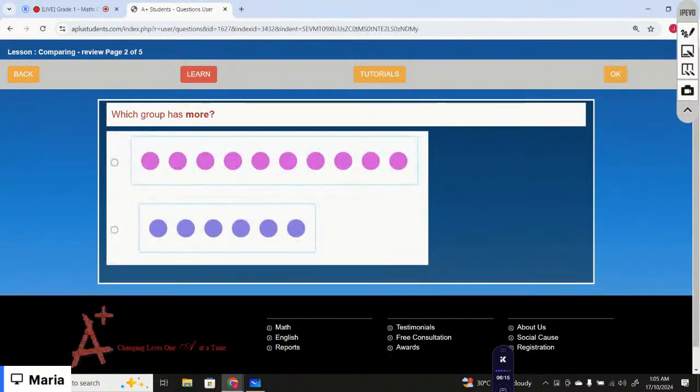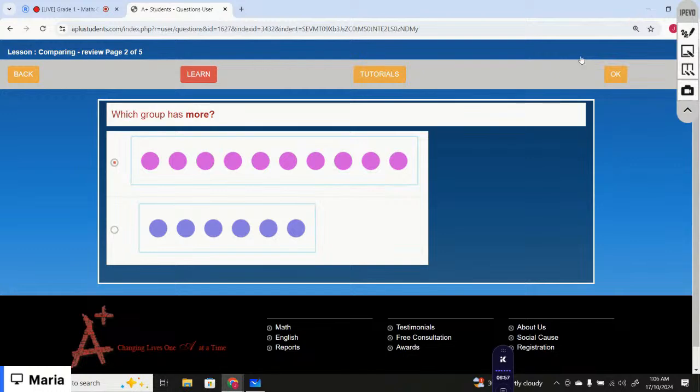Okay, which group has more? Which option is the correct one? The correct option is option number one, right?